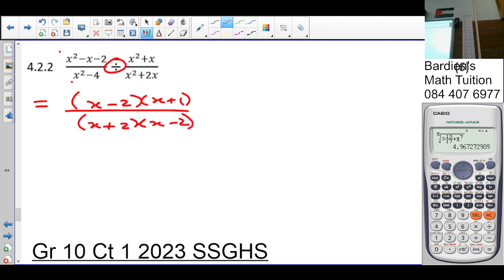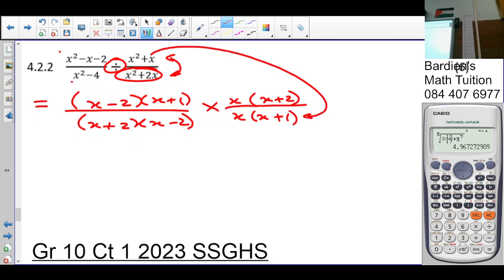Change that to multiplication, tumble and times. Not so? But factorize that x as a common factor, I'm left with x plus 2 over x into x plus 1. That is what we have.